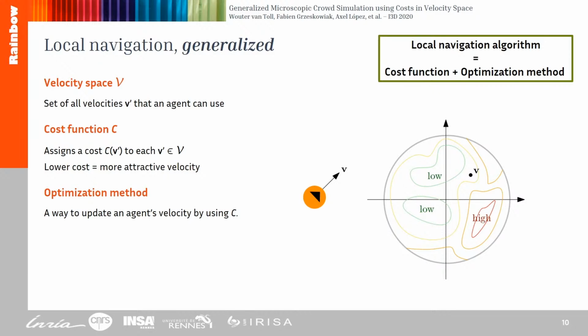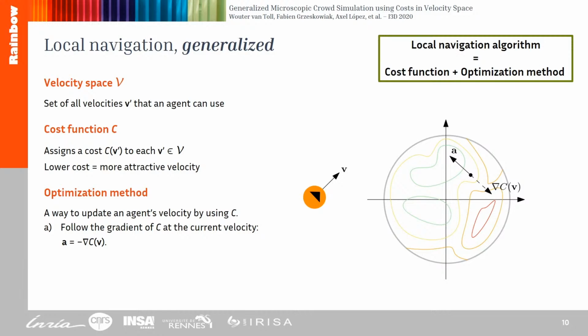Finally, an optimization method is a way to use all this information to update the agent's velocity. Roughly, there are two things you can do. You can look at the gradient of the cost function at the agent's current velocity and then move away from this gradient so that you sort of greedily go to a velocity with a lower cost.